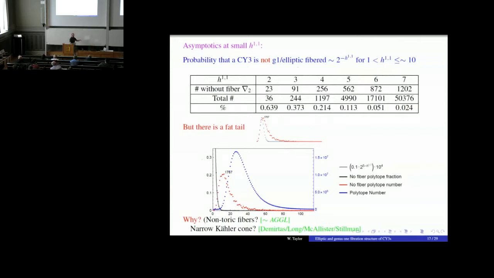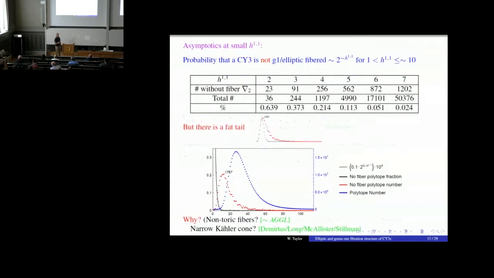There's recent evidence by these folks that the Kähler cone, as H11 increases, gets increasingly narrow, even when you include all the different phases of the Calabi Yau. So it's possible that that's what's messing with that 1 over 2 to the n. And that's something we're studying right now with some of the collaborators I mentioned at the beginning.